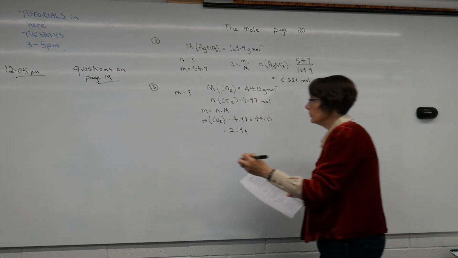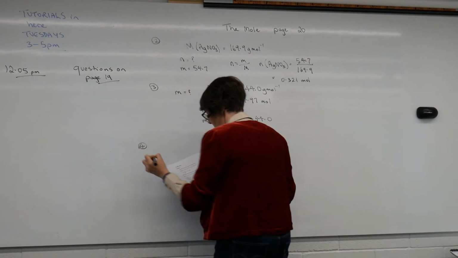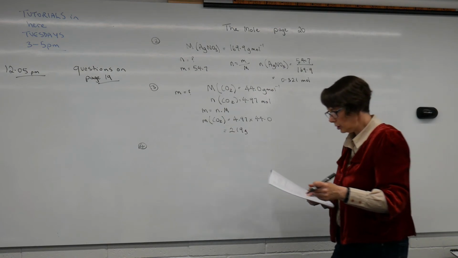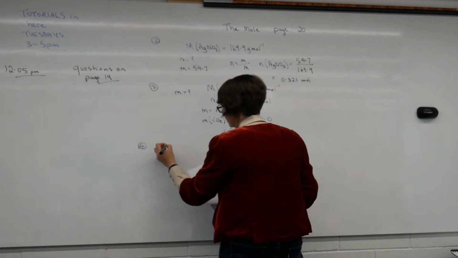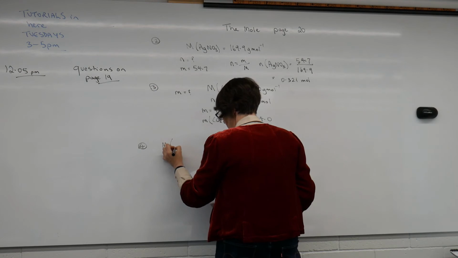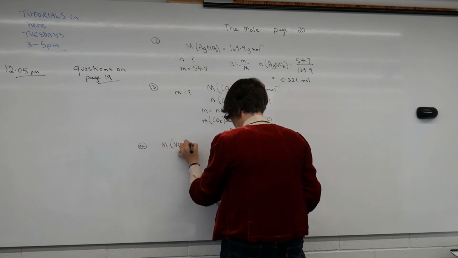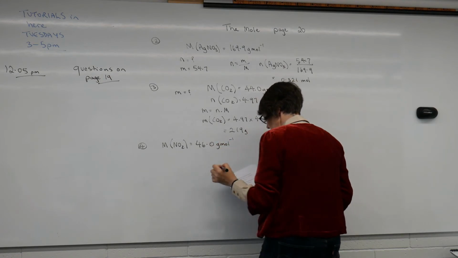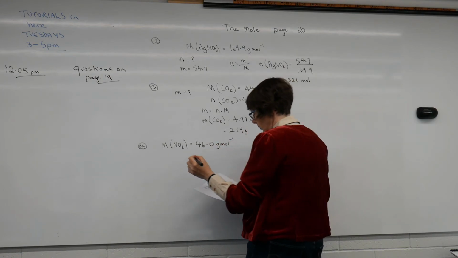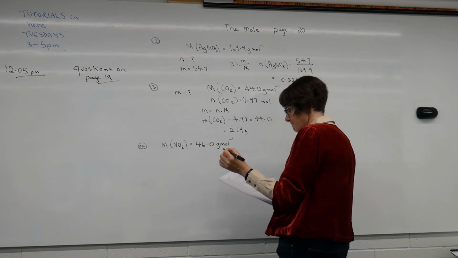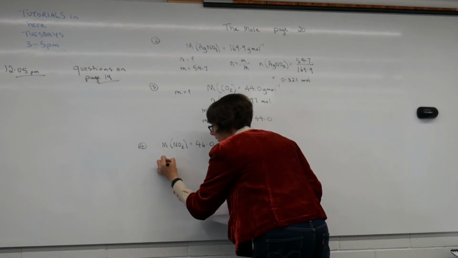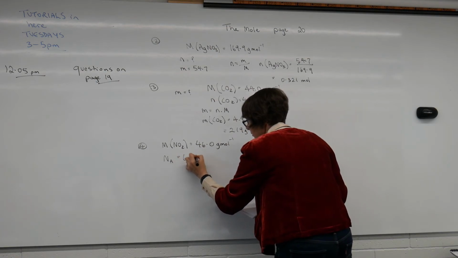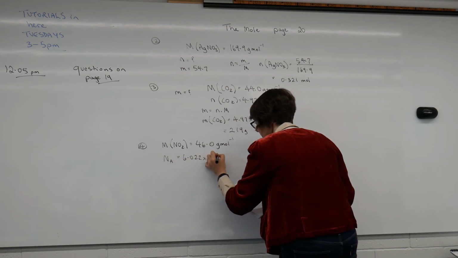And then for question 4, we're back to particles. We're asked to find the mass of 1 molecule of nitrogen dioxide. So the molar mass of nitrogen dioxide, we're just going to use. We know that Avogadro's constant is 6.022 times 10 to the 23.